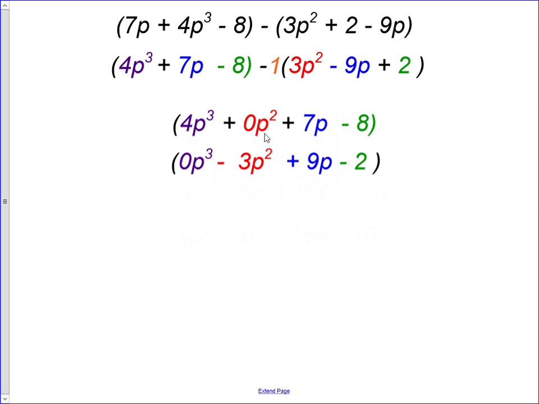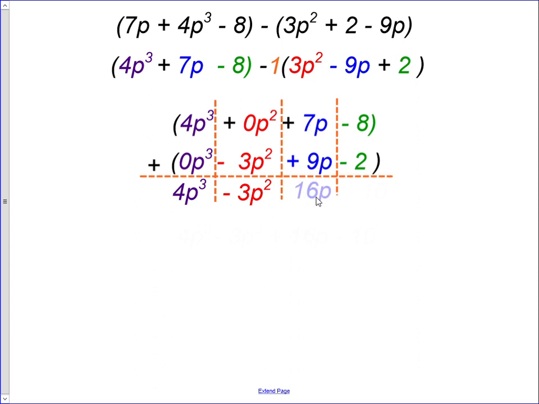As you can see, when we lined them up vertically here, I had to add a 0p to the third power on the second one, and I had to add a 0p to the second power just as placeholders. Now this is an addition problem, so we're going to add these like terms. 4p to the third power plus 0p to the third power is still just 4p to the third power. 0p to the second power minus 3p to the second power would be a negative 3p to the second power. 7p plus 9p would be 16p.